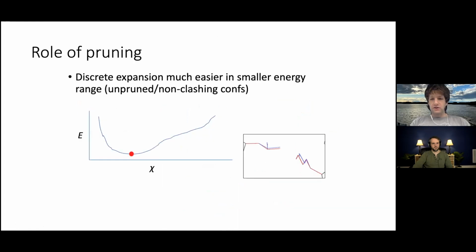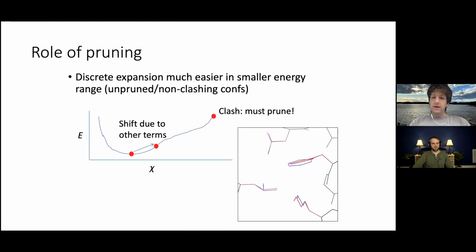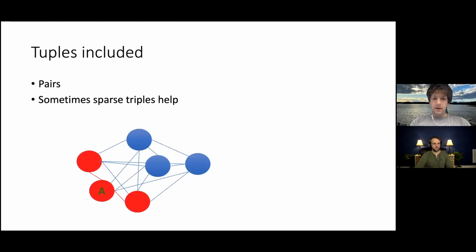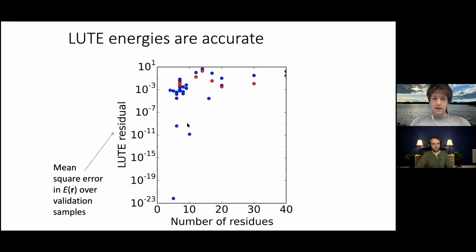And so that leads us to pretty accurate energies. Even in just the source implementation, we found that generally the difference between the actual locally minimized E of R and the estimated E of R that we learned with our lower order expansion, our local unpruned tuple expansion, that's expansion over unpruned tuples.